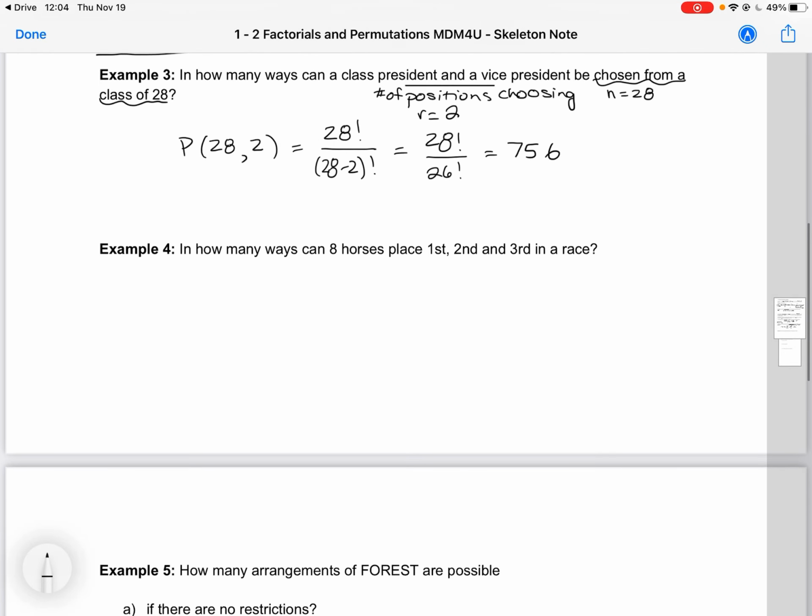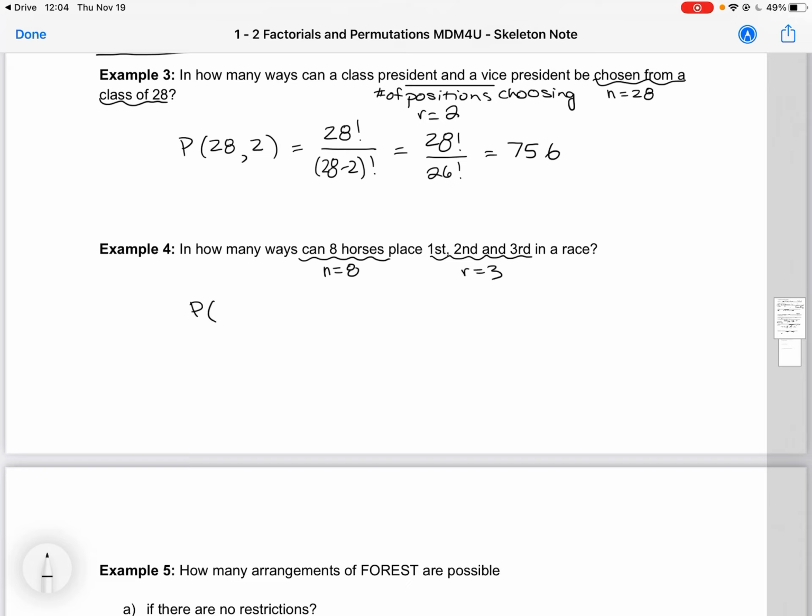Let's do another example here. In how many ways can 8 horses place first, second, and third in a race? My number of objects, which is N, is 8, and I've got 3 ways that I want to arrange them. So my R is 3.